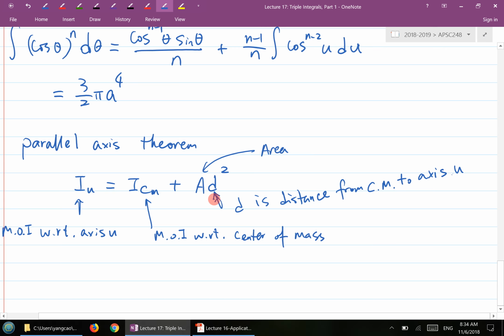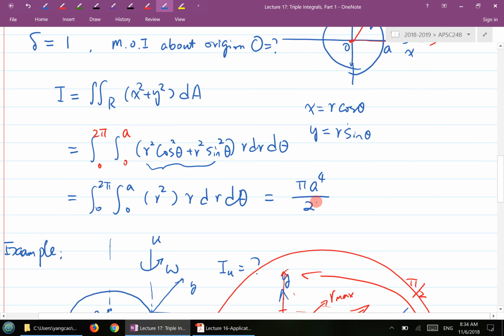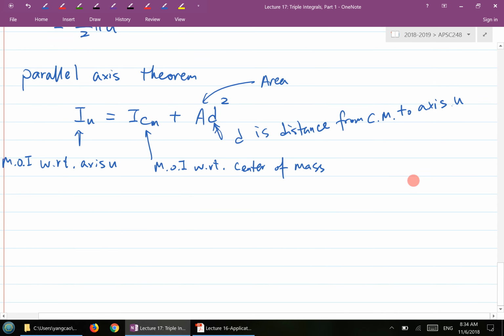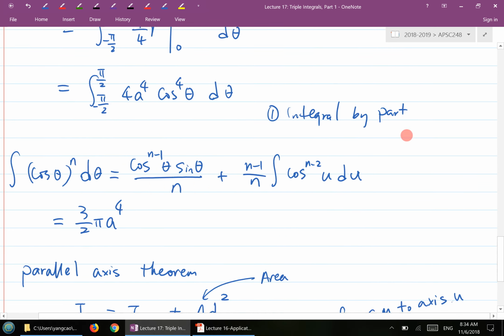So for example, in this particular question, we have actually calculated the moment inertia about the center of mass, which is from here. In this case delta equals 1, so the origin happened to be the center of mass for this same circular plate. So that's your ICM, pi a to the 4 over 2. So if I use this here, IU equals pi over what? Short memory. Pi a to the 4 over 2.